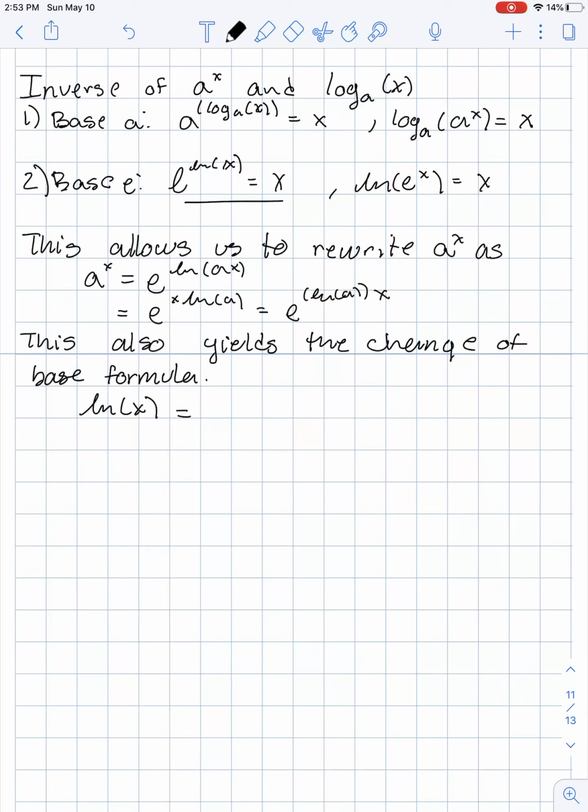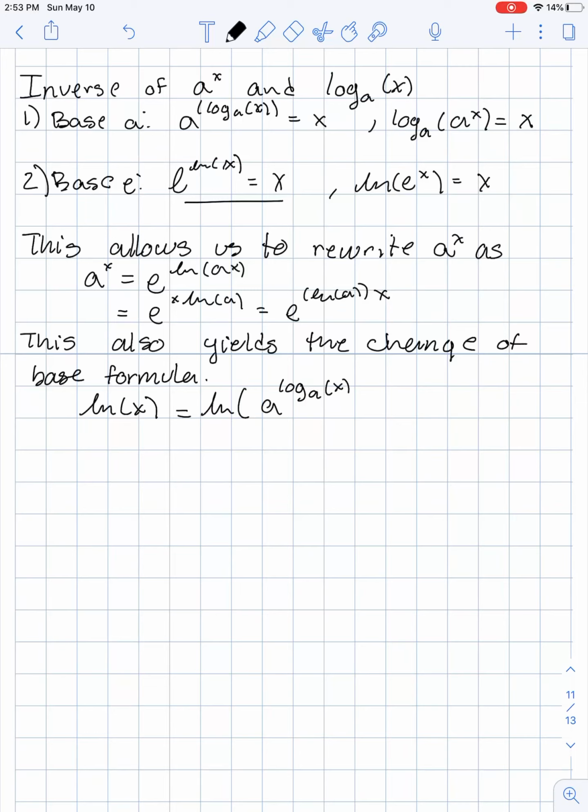Right, so I can rewrite log base a of x as, well, I know that a to the log base a of x equals x.